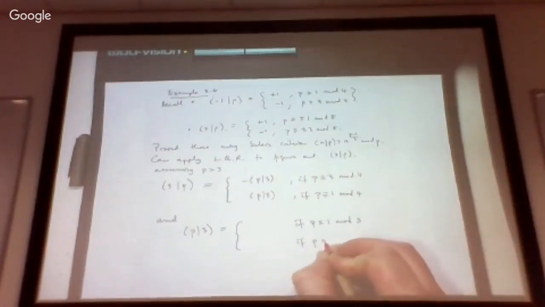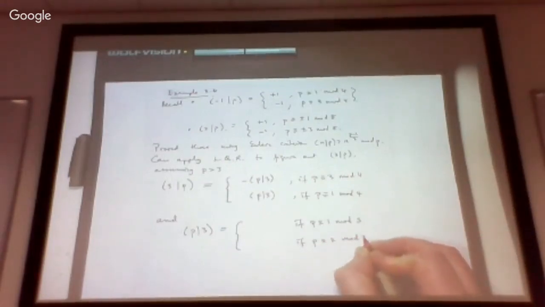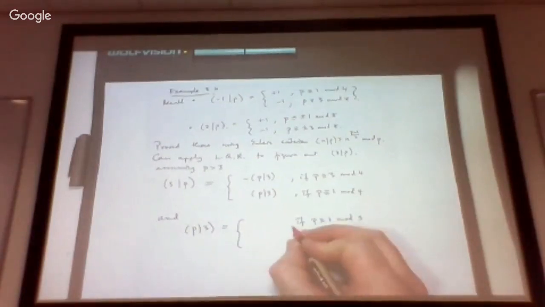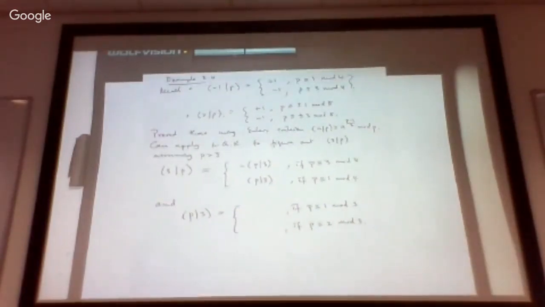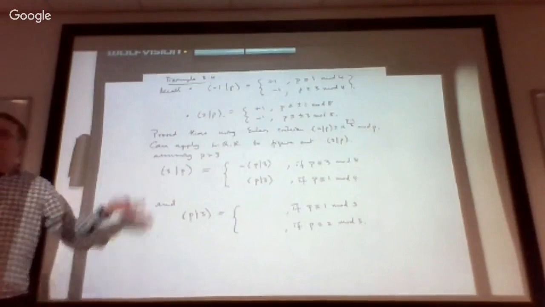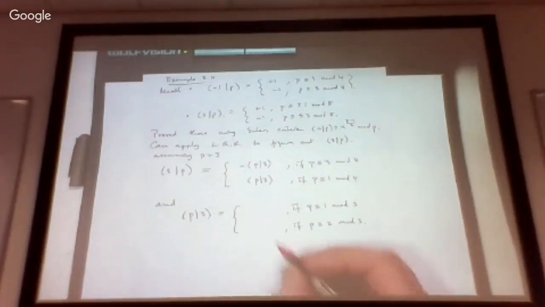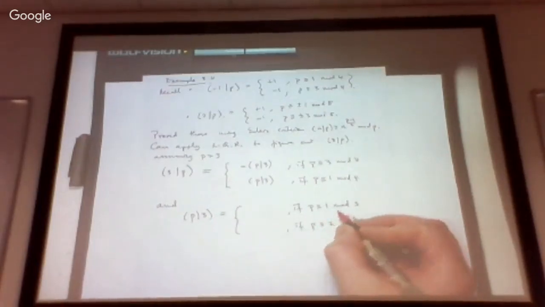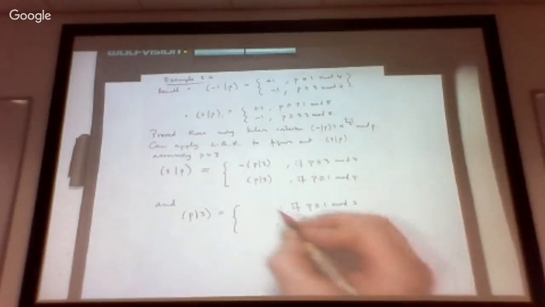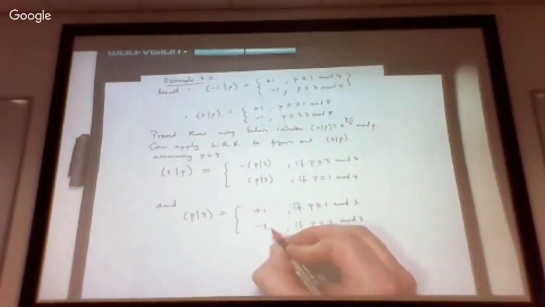So p is congruent to 1 mod 3 or 2 mod 3. And which one is plus 1 and which one is minus 1? One is plus, because if it's congruent to 1, 1 is always the square of 1. So that's your plus 1 and that's your minus 1.